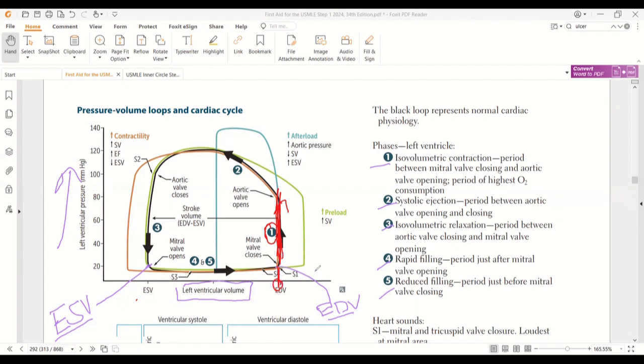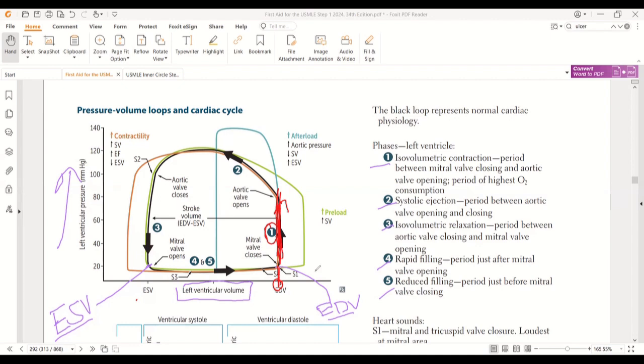It does not decrease or increase, but the pressure is continuously increased. So what phase of the cardiac cycle is this? Isovolumetric contraction. Which heart sound is present here? S1. USMLE loves to ask this kind of question.